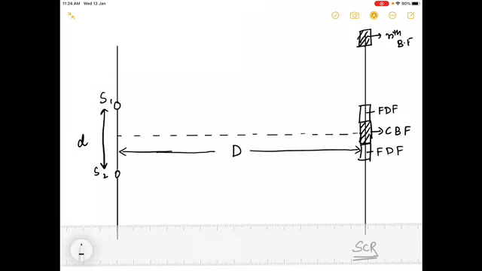The distance between this nth bright fringe and the central bright fringe, between the centers of both, is some xn.